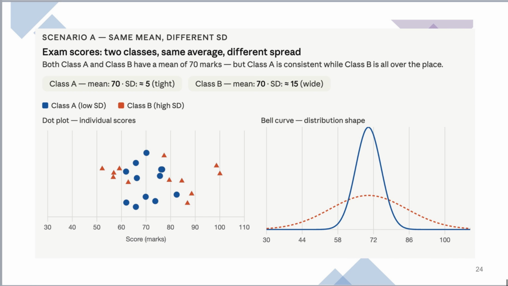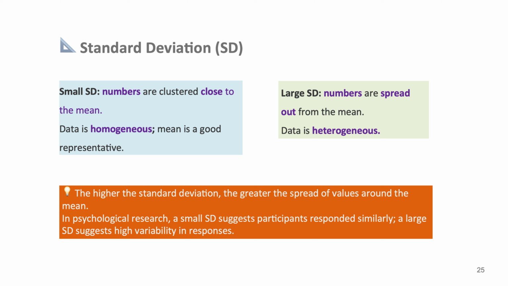So even if the two data sets have the same average, their spread can still be completely different. A small standard deviation means the scores are packed closely together. A large standard deviation means the scores are more spread out. So, in psychology, a high standard deviation usually means people responded very differently from each other.